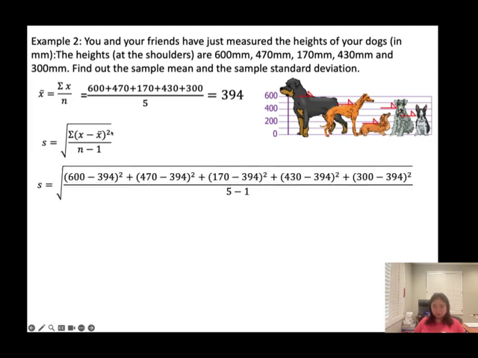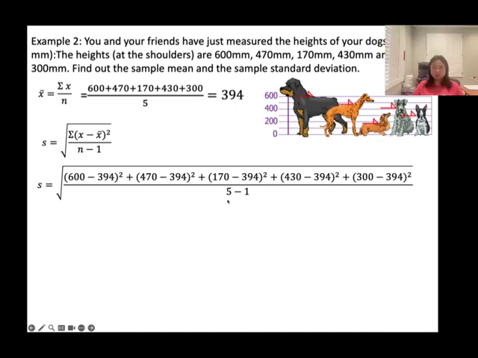You should have this here. Okay, right? x represents the data. So first data, second, third, fourth, fifth. And then subtract the sample mean and square each of them and add it all up. Divided by, we have 5 data minus 1.